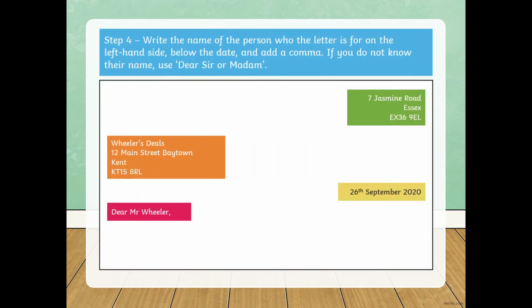And then step 4, write down the name of the person the letter is addressed to. So, in this instance, it's a Mr. Wheeler. Okay. If you didn't know the name, you would put dear sir or madam.